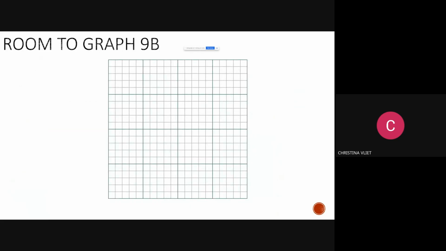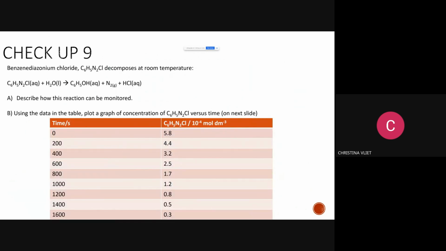Go ahead and start plotting. I'll help you figure out where your numbers should be. So this is 0. This is going to be concentration. This is going to be time. And in order to answer the question, you've got to be able to graph it. So we'll go back to A in a moment, but use the data in the table.